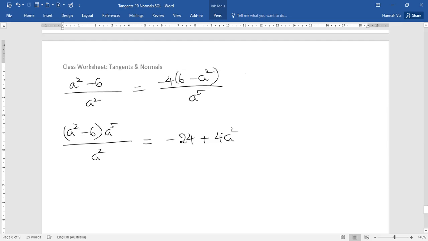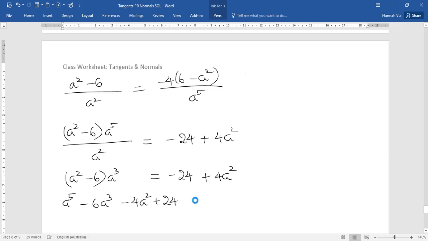So I can cancel the a squared out, I think. So you have a squared minus 6 times a cubed equals negative 24 plus 4a squared. Expand: a to the power of 5 minus 6a cubed, and move to this side, minus 4a squared plus 24 equals 0. Now you need to solve for a.